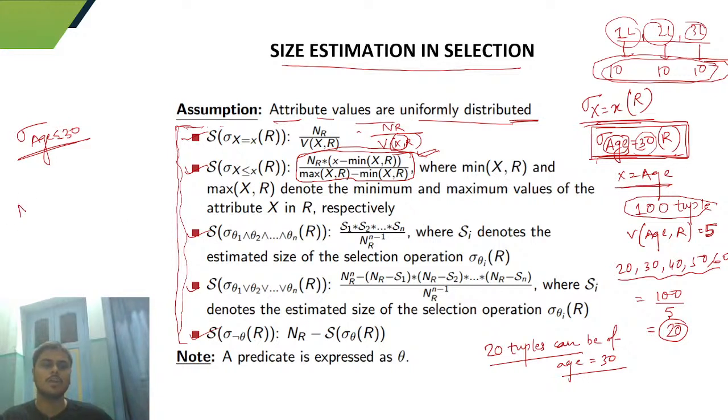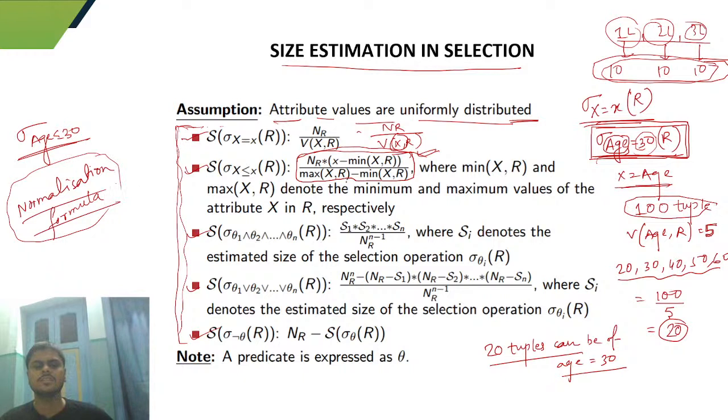This is nothing but the normalization formula, right? Sometimes we replace this minimum with the maximum also, but in this case we are using the minimum.